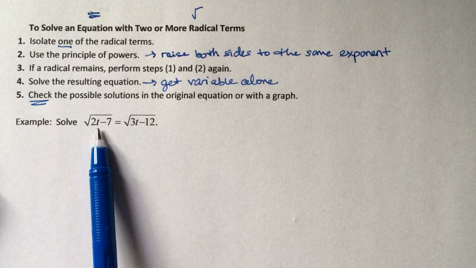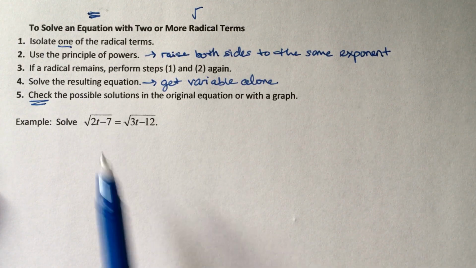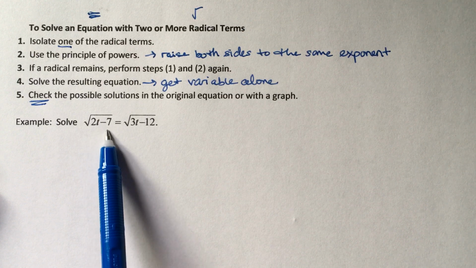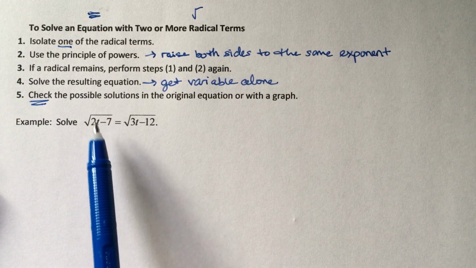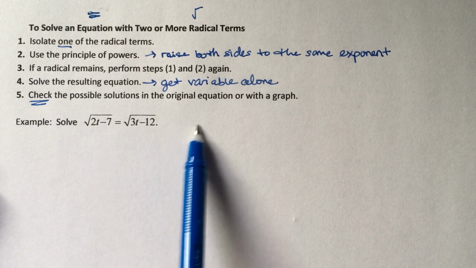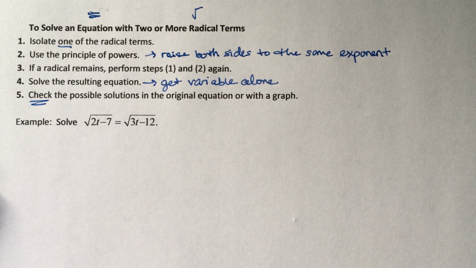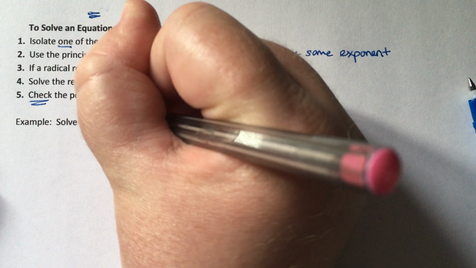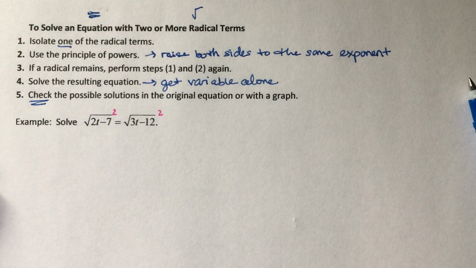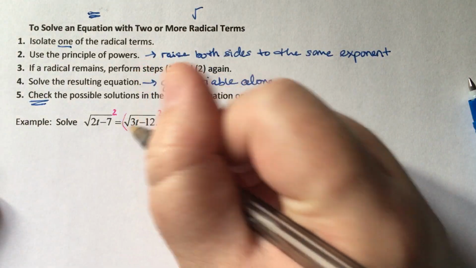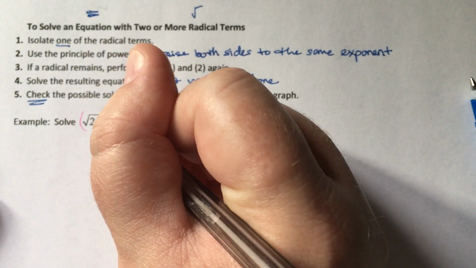So this one has more than one radical, but I already have one isolated. Remember, we're just trying to get one of the square roots alone on one side. So even if there were other stuff on the right side, this is a fine way to start. And we're going to square both sides. And by both sides, we mean everything on the left and everything on the right.